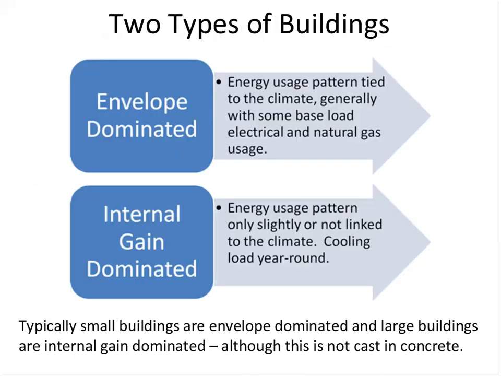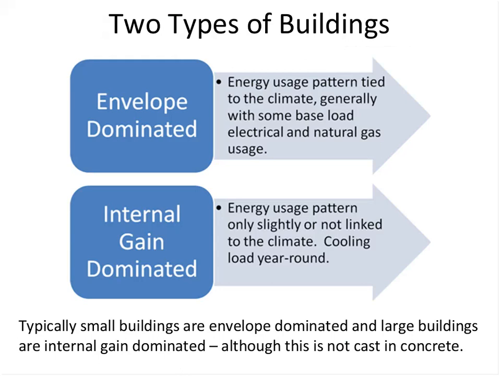So to get started, we need to really think about there are two types of buildings before we start looking at the bills. One is what we call envelope dominated, and its energy pattern is tied pretty much to climate. So when you plot energy consumption versus heating degrees or cooling degrees, you're going to see a very definite pattern there.